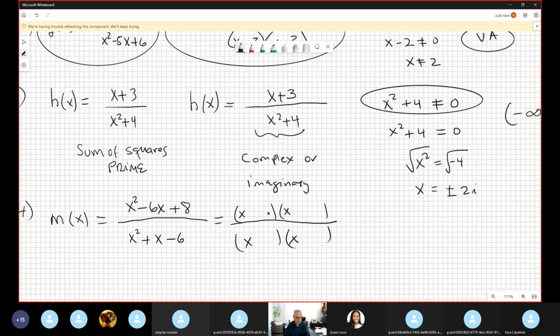And the trinomial at the top, the combination is 4 and 2, because 4 times 2 is 8, 4 plus 2 is 6, and both negative. And the other is 3 and 2, and the sign is different: 3 is positive and 2 is negative.